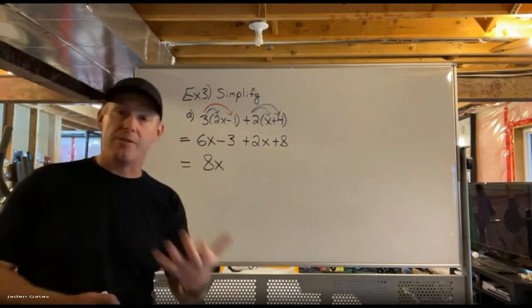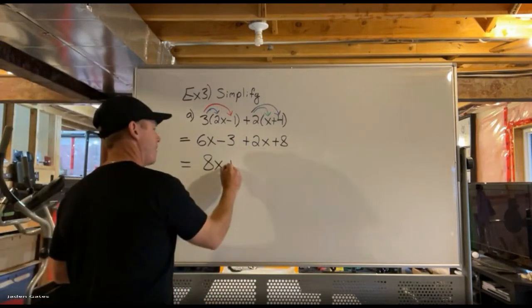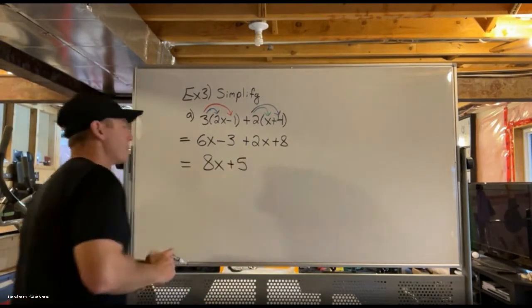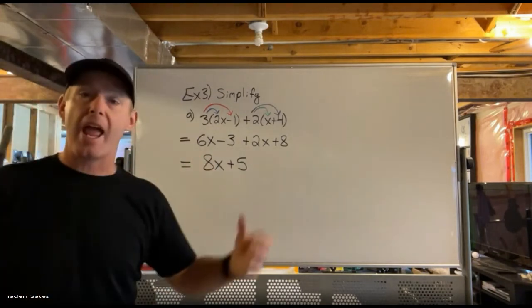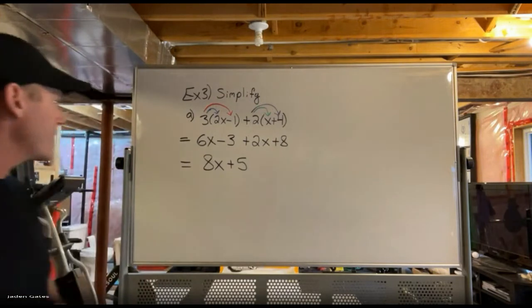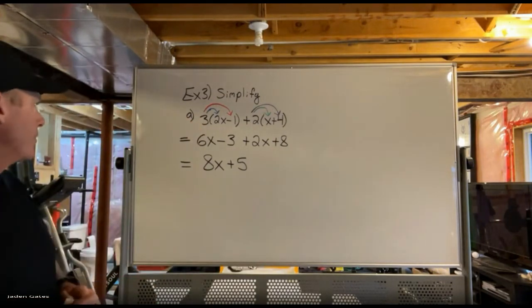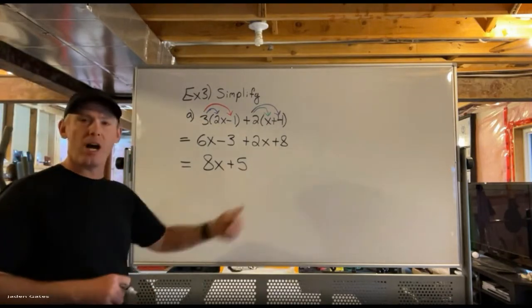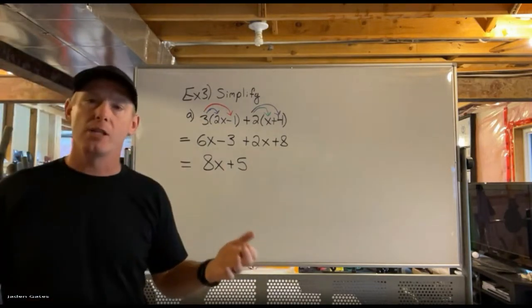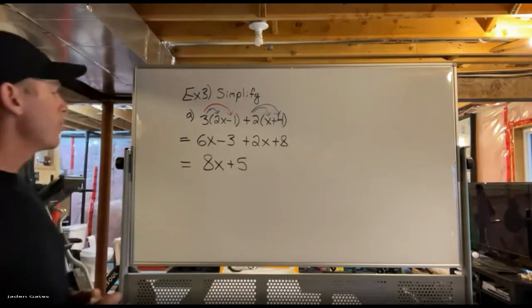So if I have 8 things and then I take away 3, I now have 5. So there's a case where we had to collect x's together and the numbers together. We had to do both things. Not to mention a little bit of a double rainbow rule there. But again, once we get down to we have x's and numbers, they're not like terms, so we're done and we can't put them together.